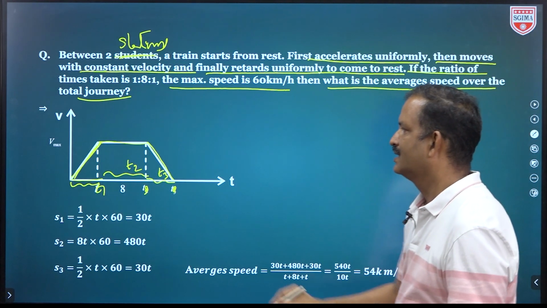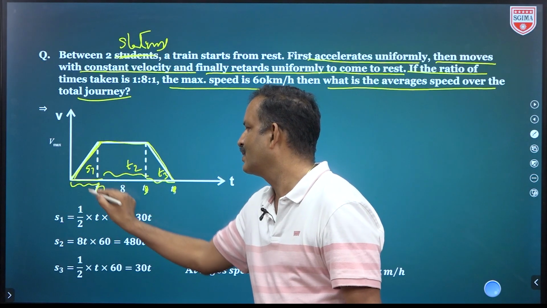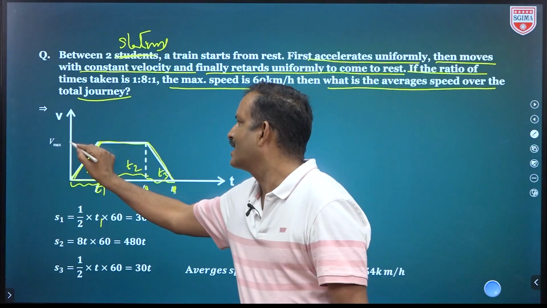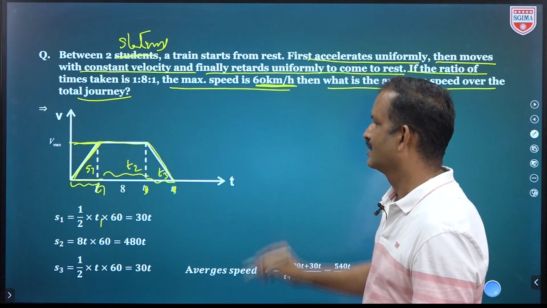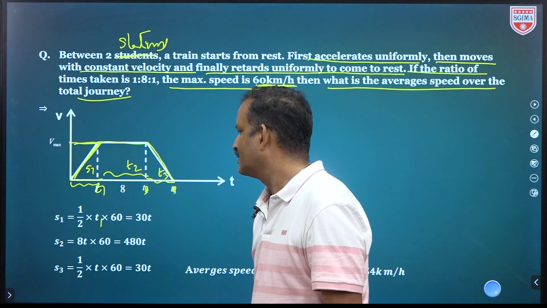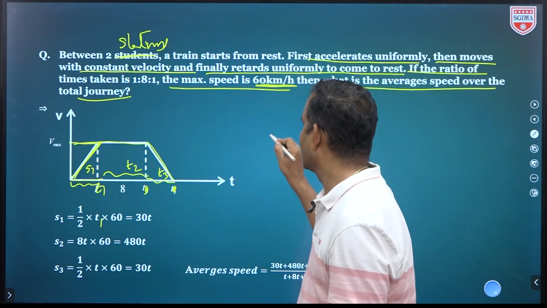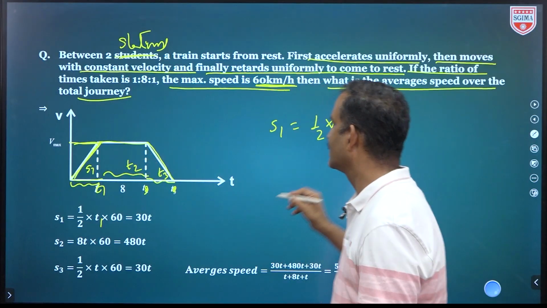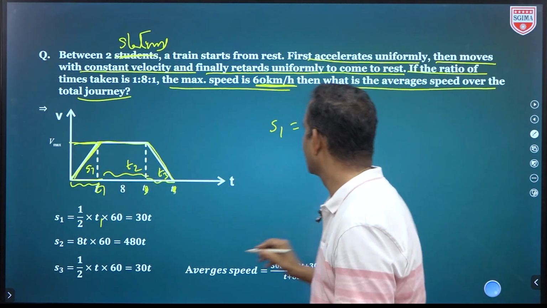Now, this distance can be calculated. That distance is equal to half into base t1 into height. Height is how much given? 60, V maximum. So S1 is equal to half into V maximum, 60, height, into base t1.